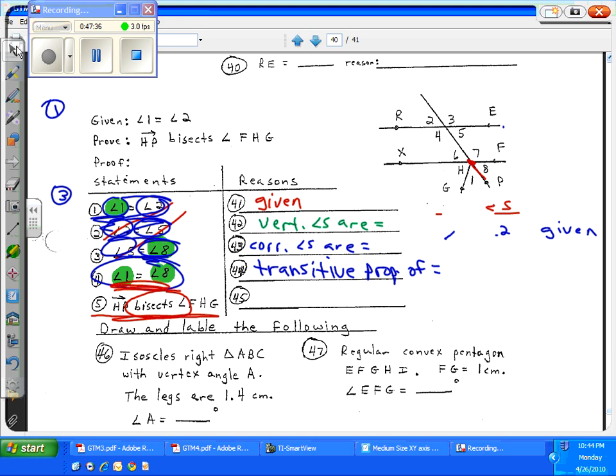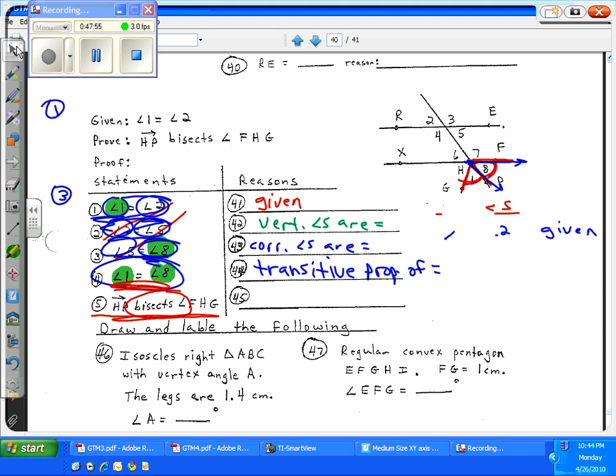There's angle 1. Here's angle 8. It gives us in statement 4 that angle 1 is equal to angle 8 because of all that transitive stuff. We're trying to conclude here that this ray bisects that whole big angle.